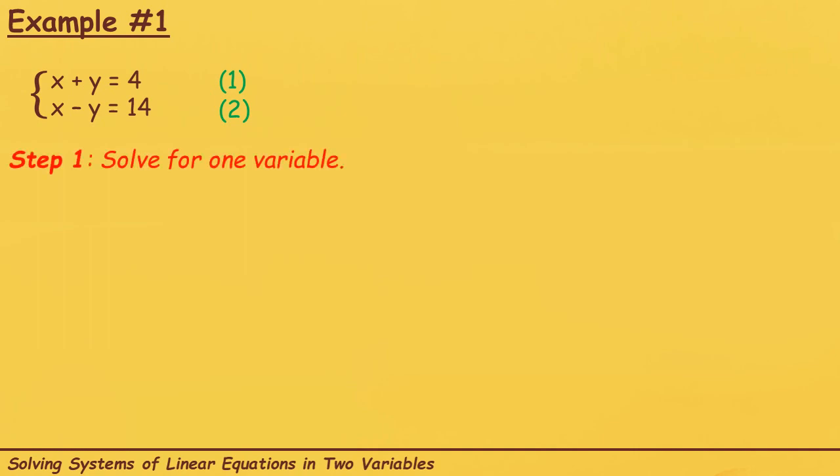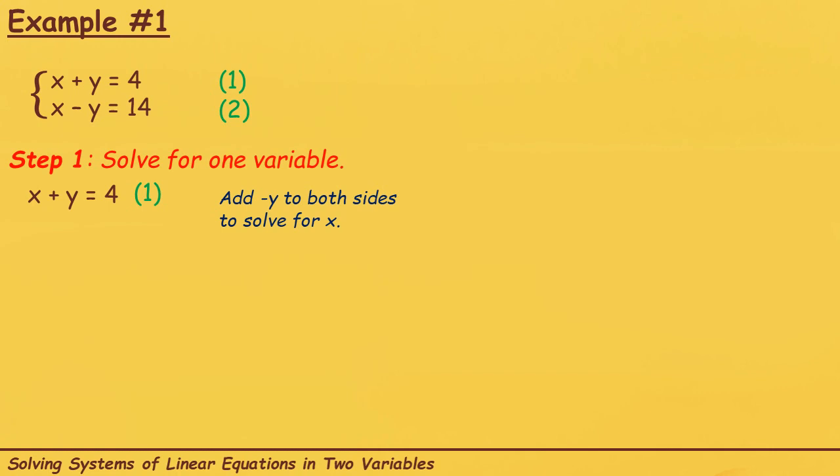Step 1. Solve for one variable. Pag sinabi nating solve for one variable, that is in terms of x or in terms of y. Let us use equation number 1, which is x plus y is equal to 4. From this equation, let us try to get the value of x and then add negative y to both sides to solve for x.